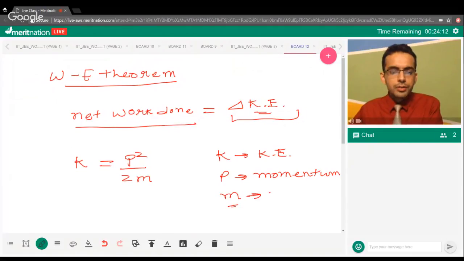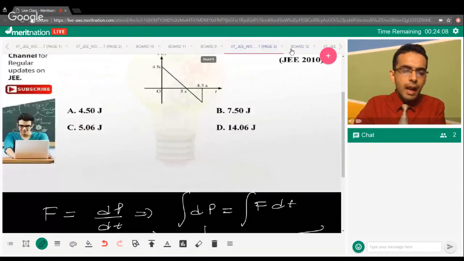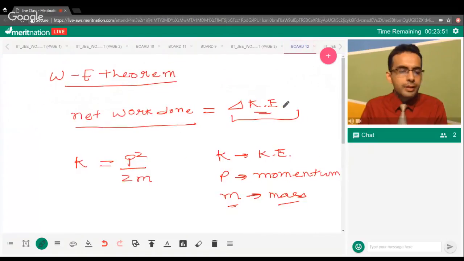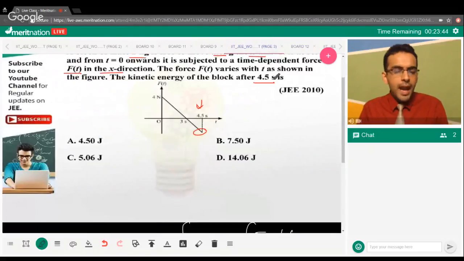So from the given graph, we can find the total momentum at the point after 4.5 seconds. When you find the momentum after 4.5 seconds, using this formula you can find the kinetic energy at that point, right?